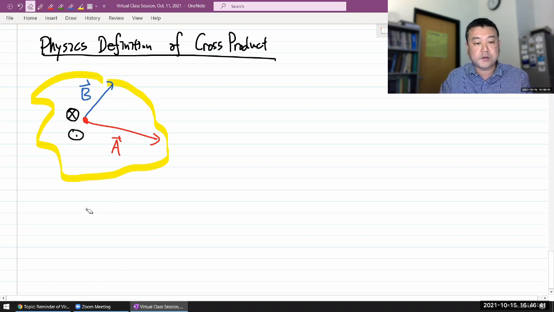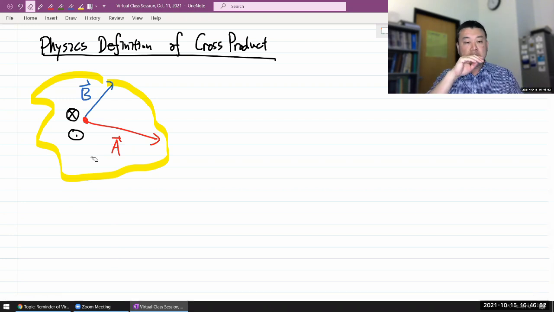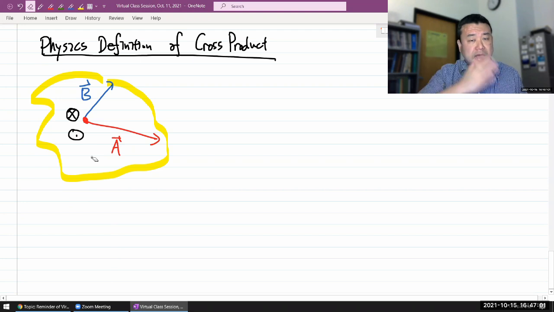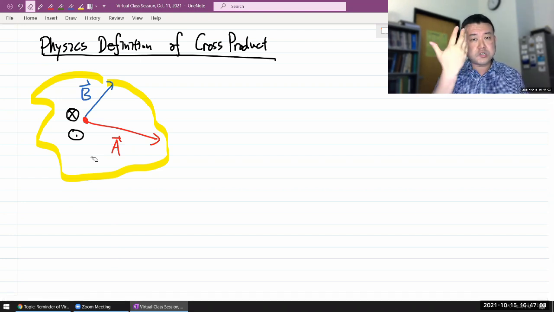Do we choose the vector? They are both perpendicular to the plane, and which way perpendicular do you choose? With the right hand rule, this is how we choose it. We orient our right hand. By the way, there are different versions of the right hand rule out there. I'm going to demonstrate the one that I like, which is the version that uses the whole hand.